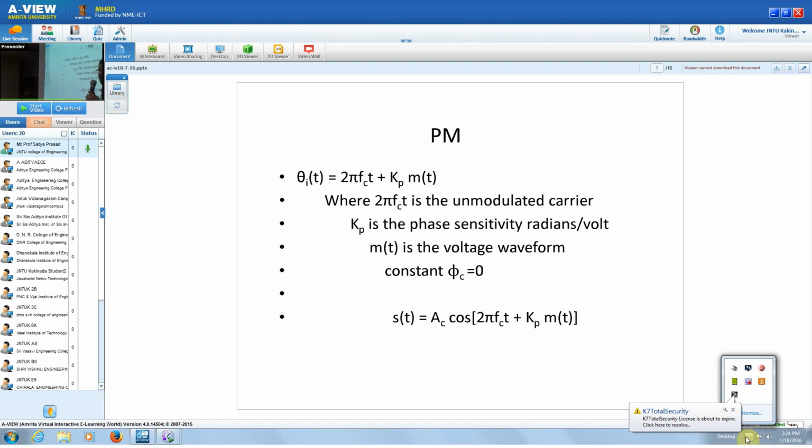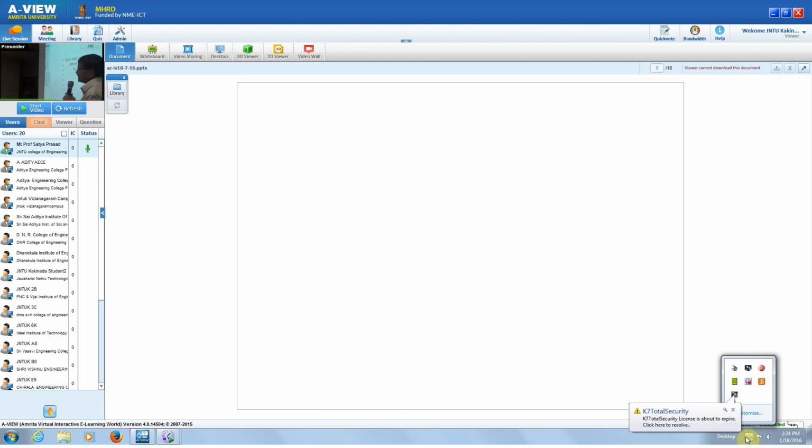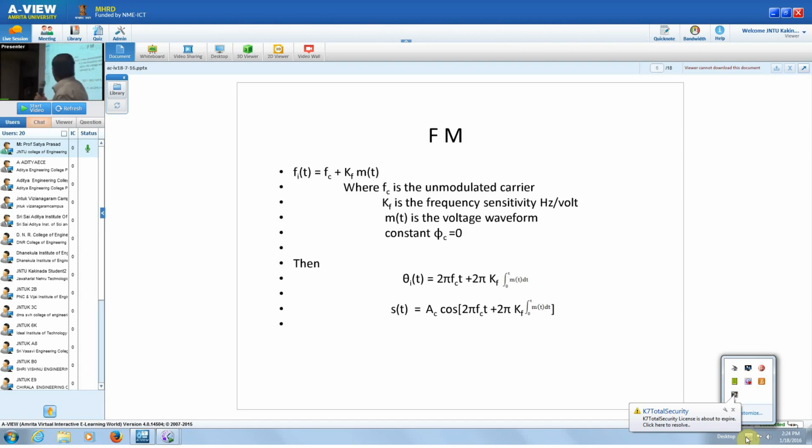The other one is your frequency modulation. So frequency modulation will have your instantaneous frequency f_i(t) changing linearly proportional to your m(t). So f_i(t) is f_c plus k_f into m(t).